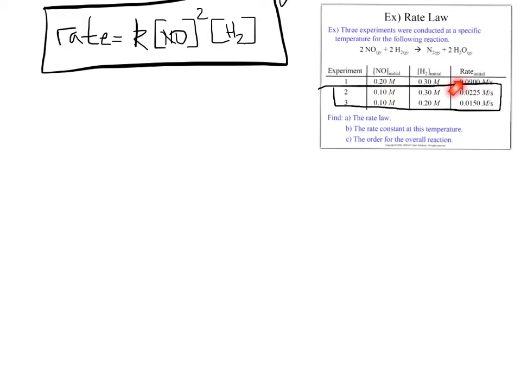So the rate in experiment 1 was 0.0900 molarity per second. Hey, it's really important that we write down units when we are calculating for K, because you have to be able to calculate the units for K as well. 0.0900 molarity per second was the rate.